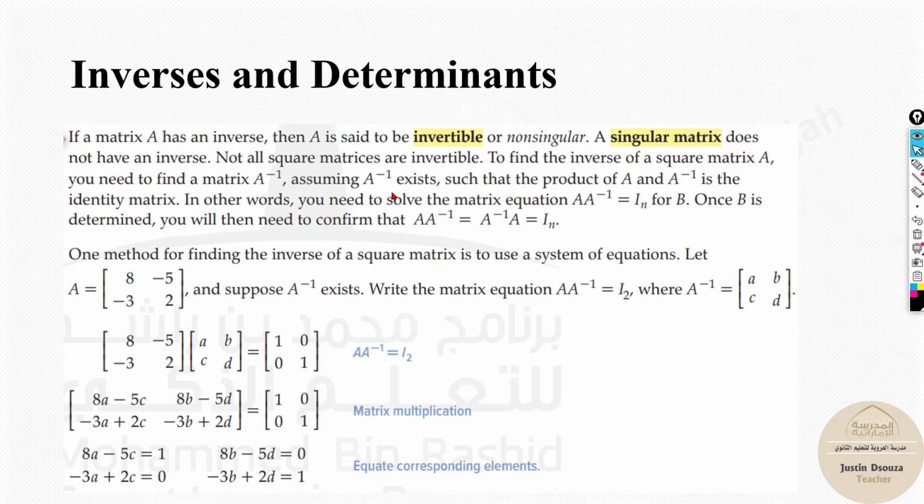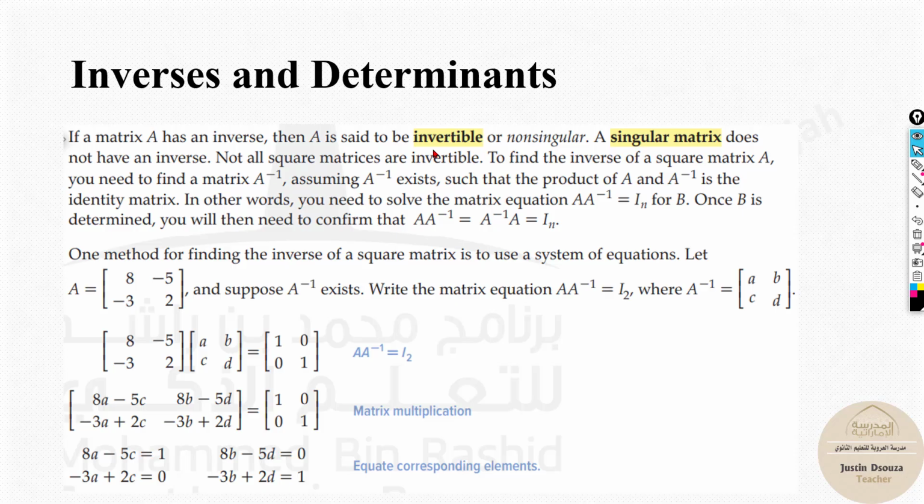Now let's look into the inverses and determinants, about invertible or singular matrices. This is another important concept. Now, what exactly is invertible or non-singular? Invertible means, as the name suggests, the inverse exists. If you have been given a matrix and they're telling you this is invertible, that means the inverse of that particular matrix exists.